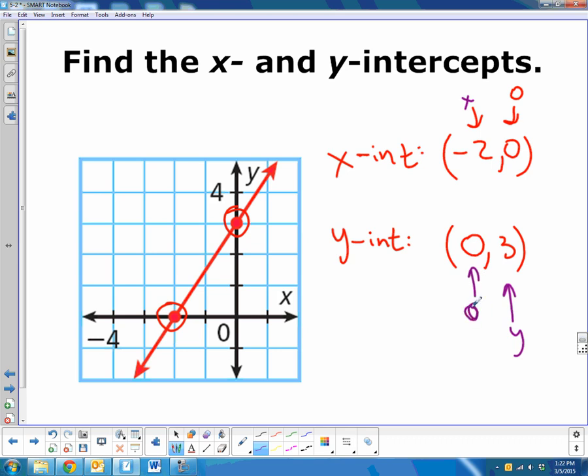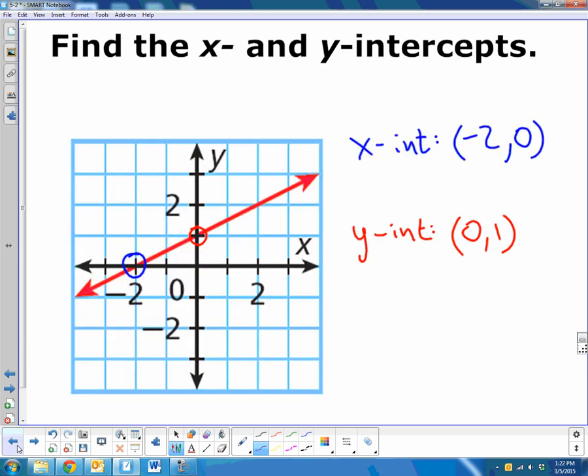And that is consistent. The y-intercept has a 0 for x, and the x-intercept has a 0 for y. So the x-intercept has a number for x, and the y-intercept has a number for y.